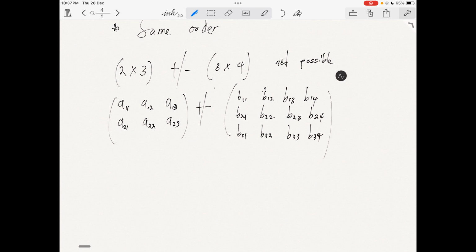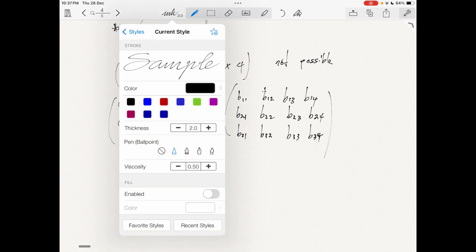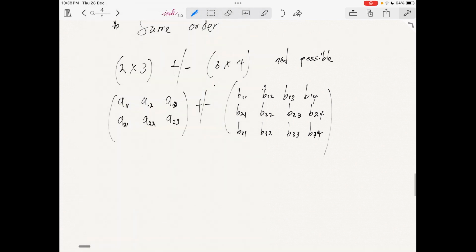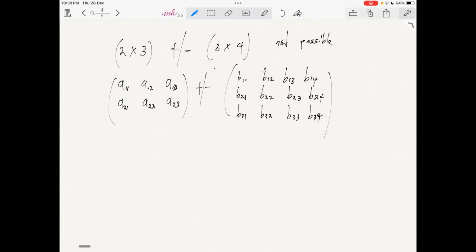Now, the way addition and subtraction of matrices works is we pick individual components at each position. So A11 is added to B11, A12 is added to B12, or subtracted, as the case may be.